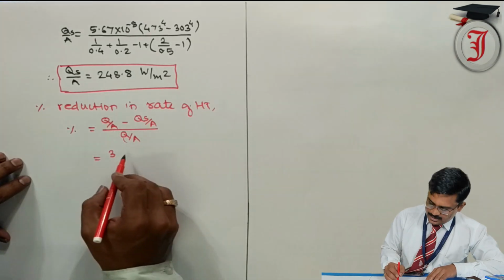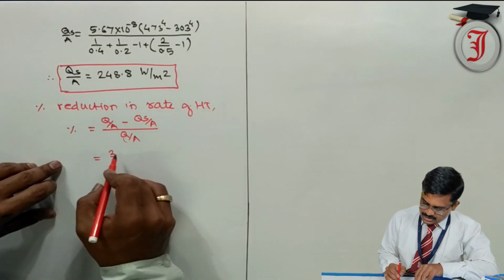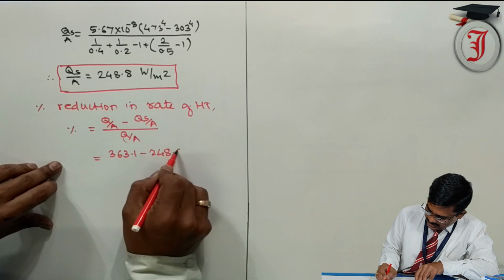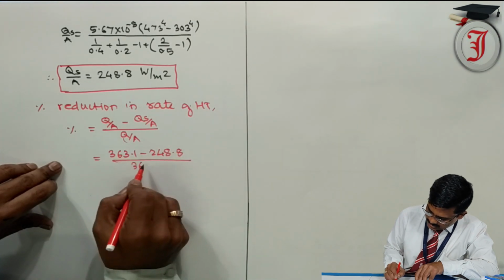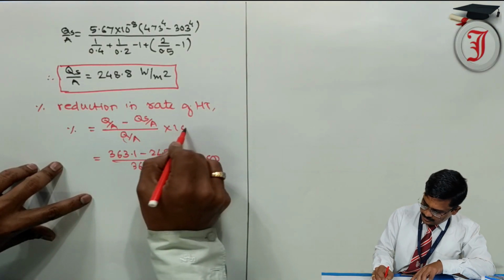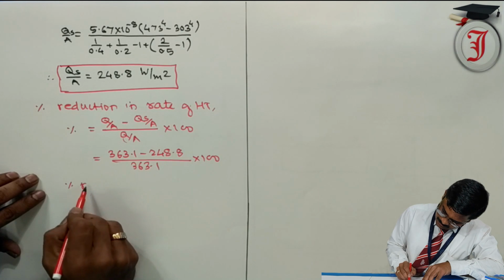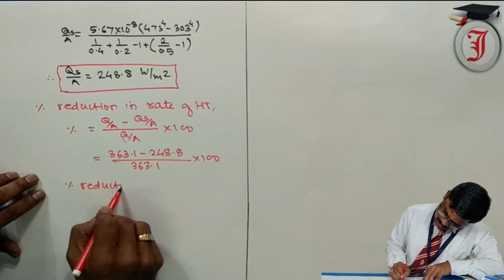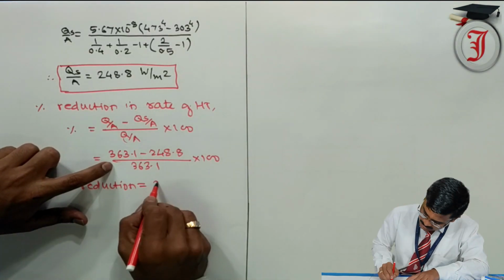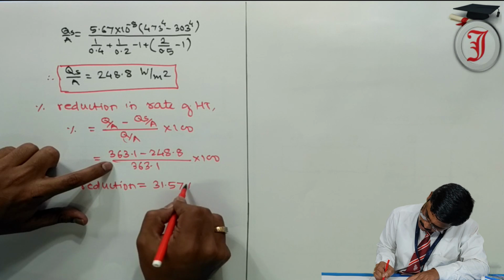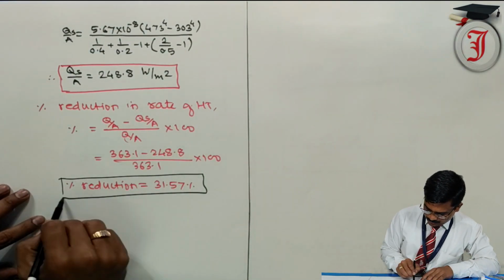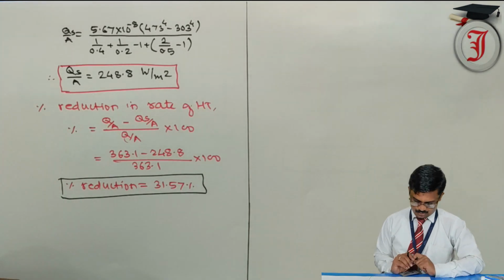Without shield we have Q by A equal to 363.1. So (363.1 minus 248.8) upon 363.1, into 100. When we calculate this value, we get 31.57% reduction in the rate of heat transfer when the radiation shield is used.